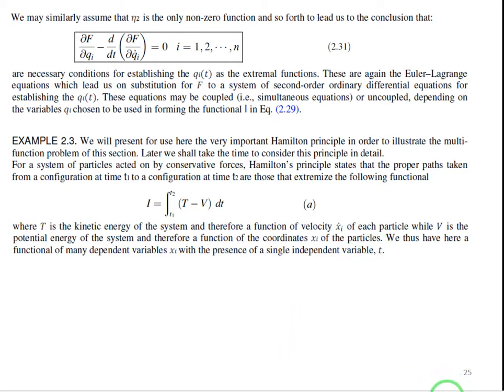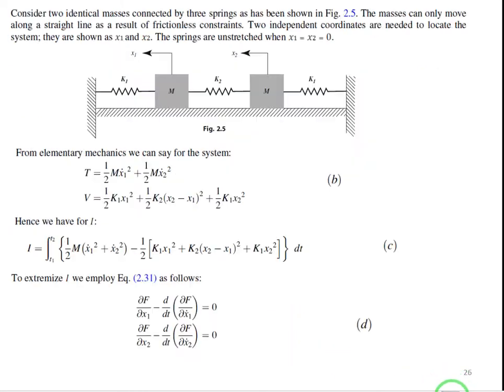Okay, now let's speak about our problem. Let's consider that we have two identical masses m and m. Let's say the first mass, the left mass, is moving from the origin x1, and the second mass is moving from the origin x2.